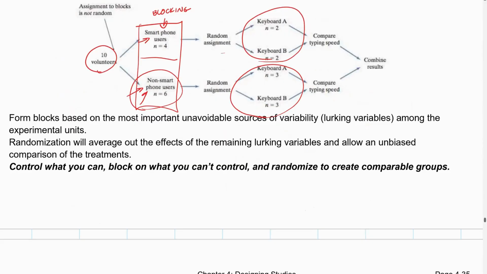So form blocks based on the most unavoidable sources of variability, lurking variables, and then use randomization to average out all the other lurking variables that may exist. So when we know there's a problem, block on it, and then all the problems that we don't know about, we're just going to hope that the random assignment evens those out.